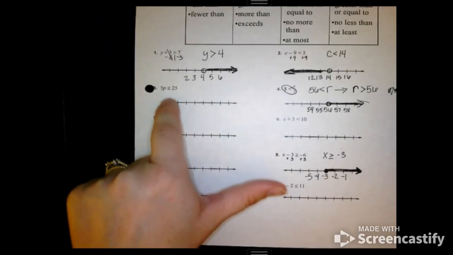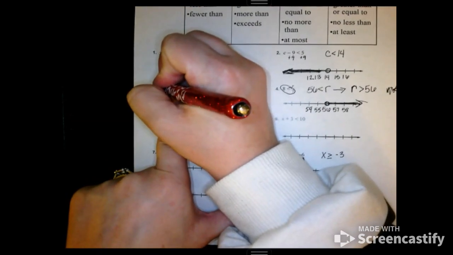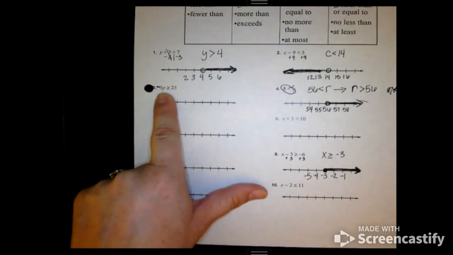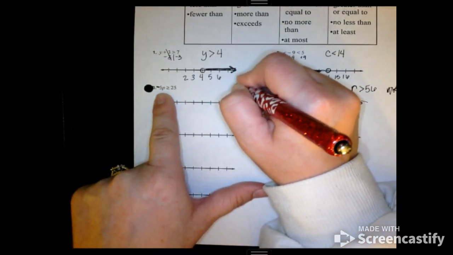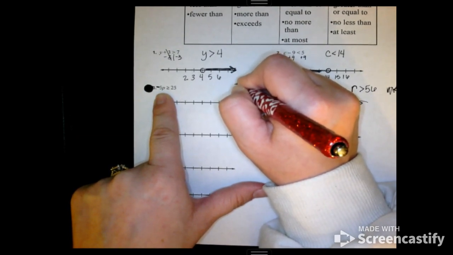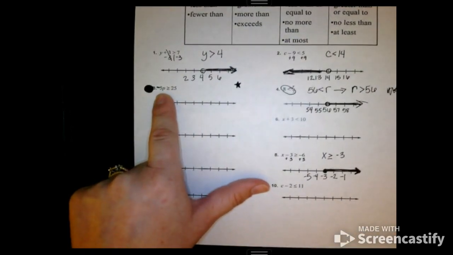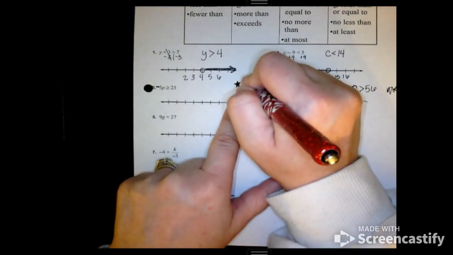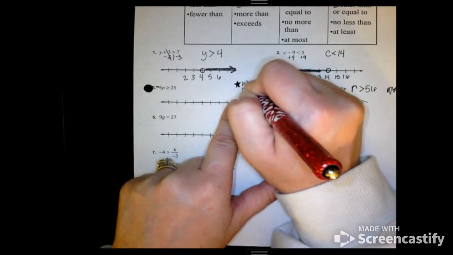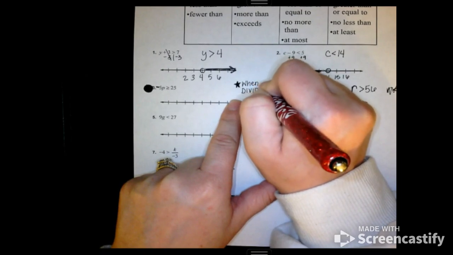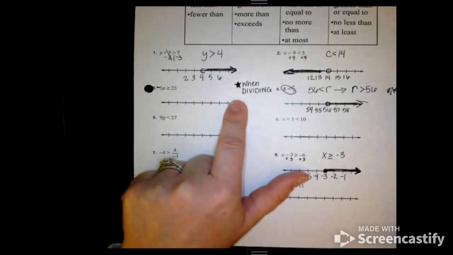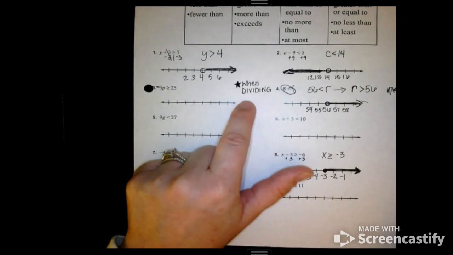This one is another tricky one. We're going to change it to a negative. So we're going to have negative 5p is greater than or equal to 25. In the middle right here, you're going to make a note. It's very important because this is the trickiest part to inequalities. All right, so you're going to put when dividing. I'm capitalizing dividing because it's very important because it's only division.